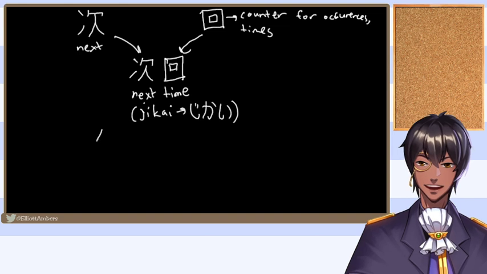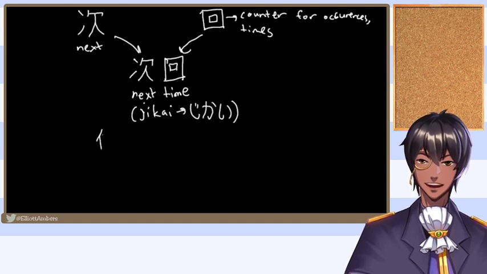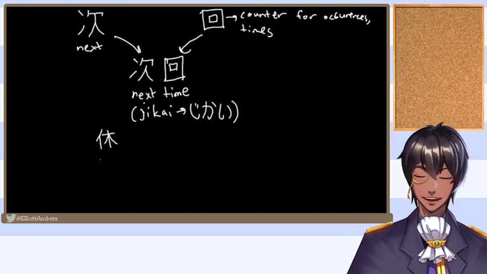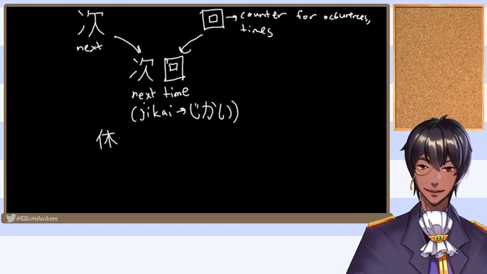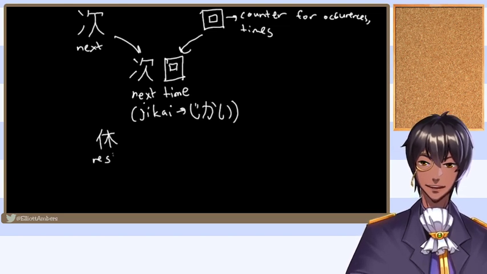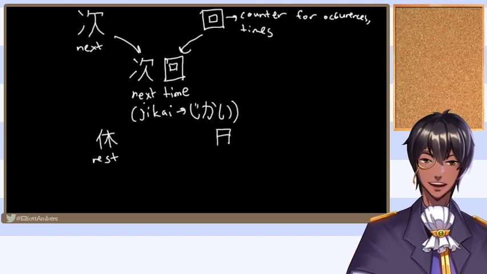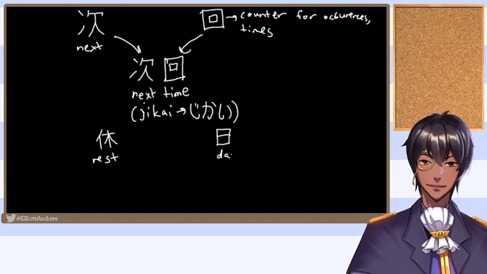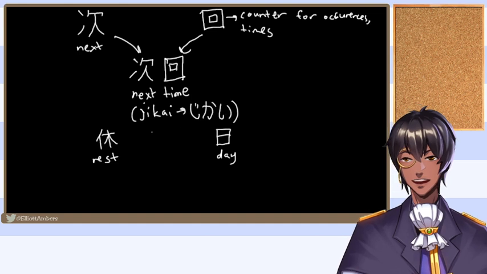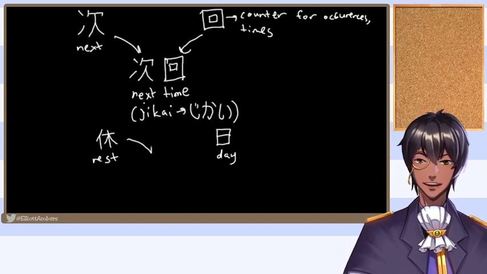This one is sort of intuitive, but it's not as obvious. I think if you had good inferencing skills, you could probably figure this one out. This one is rest. And then again, that good old day kanji. So if we combine these together, what is it called when you have a rest day, a day with a break?